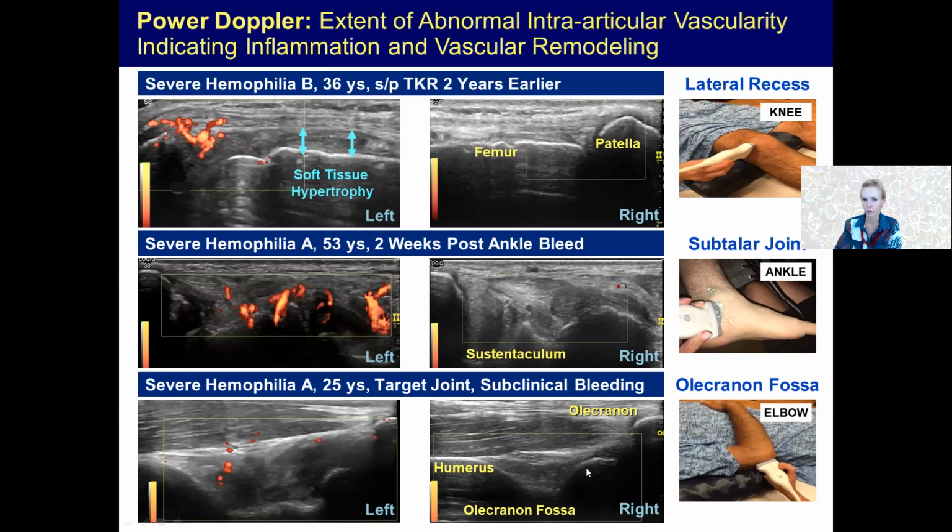You can see that the joint space here is much smaller. There's no effusion in here, no power Doppler signal, and it's a normal fat pad here in the olecranon fossa. So as you can see, having the knowledge of the ultrasound and having the knowledge of power Doppler signal present or not helps quite a bit in making treatment decisions and helps management.